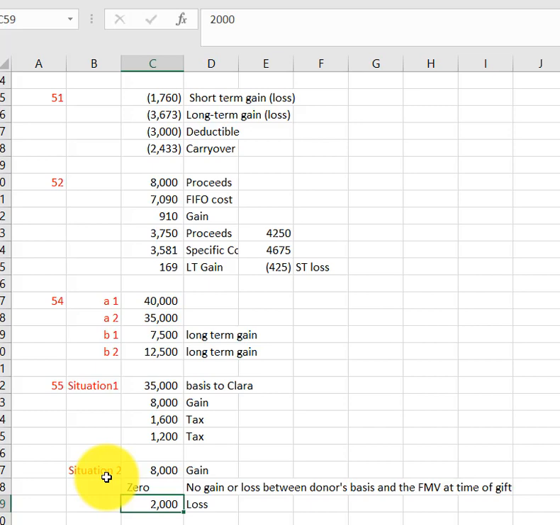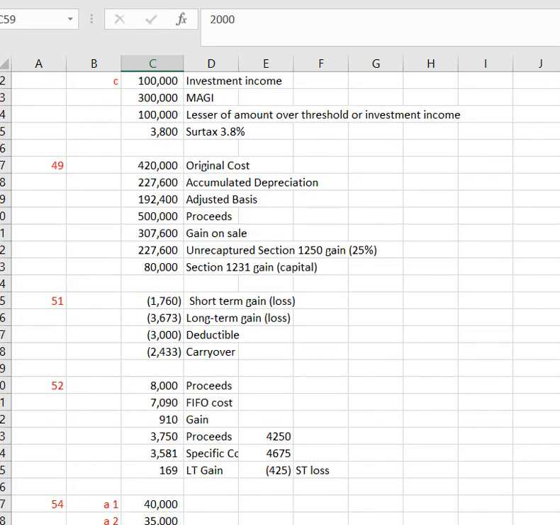Sell it, recognize the loss, and Sonia should sell it, recognize the loss on the property, and then give the cash to Clara. So that's what you would advise as a professional planning this, assuming they ask before they do it, which of course is a big assumption.